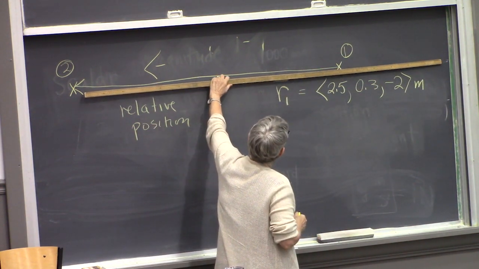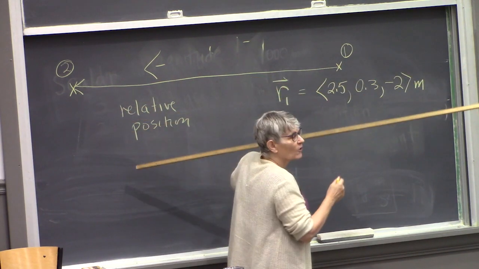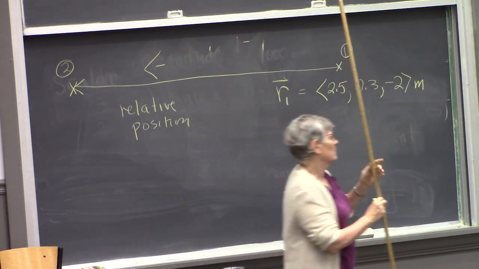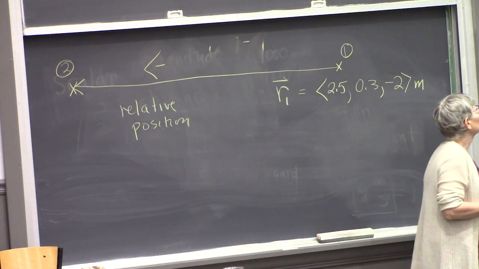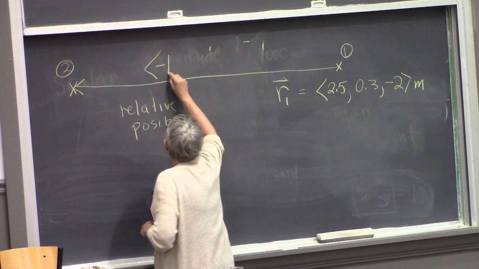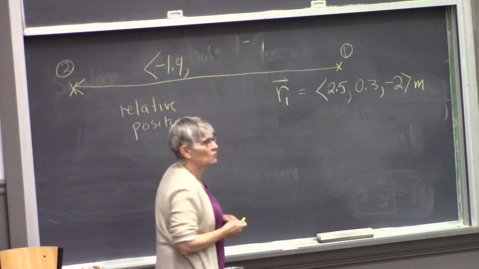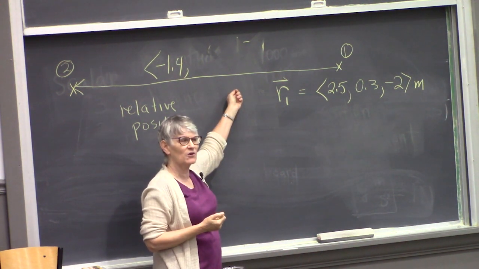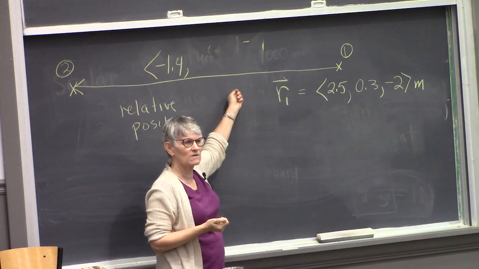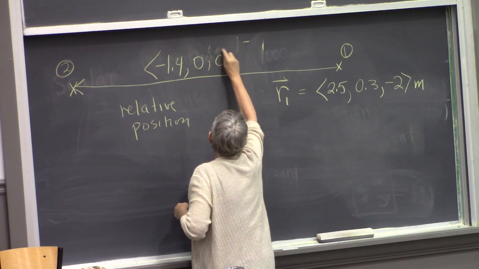More like 1, 2, 3, 1.4. It's okay to guess. It's okay to estimate. Estimates are good. What's the y coordinate of this relative position? 0. And z? 0.